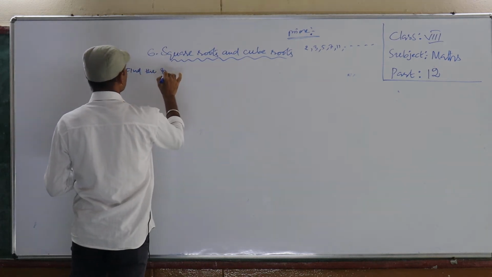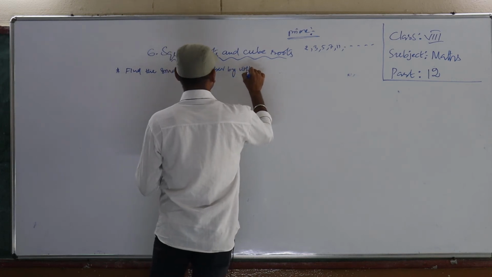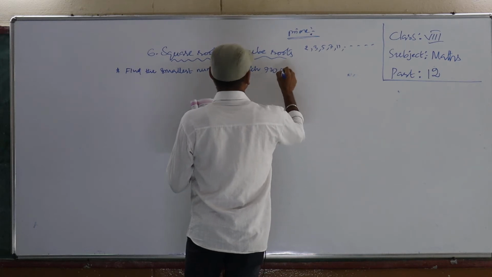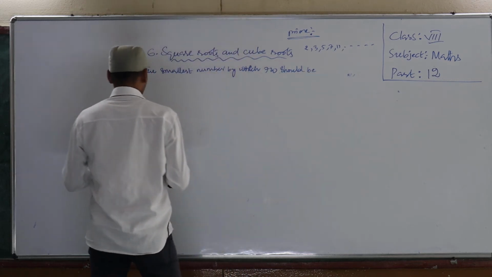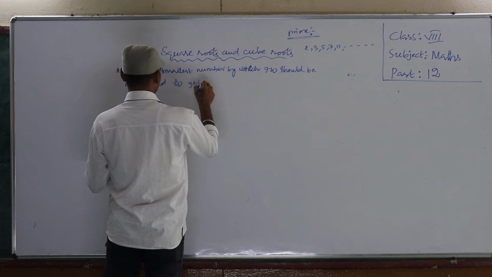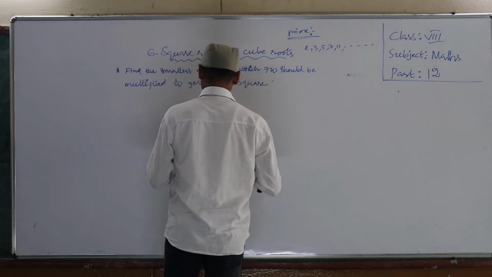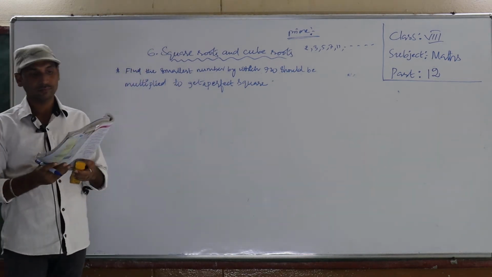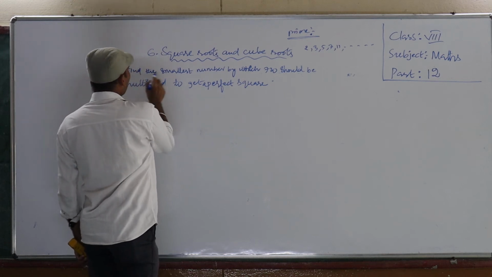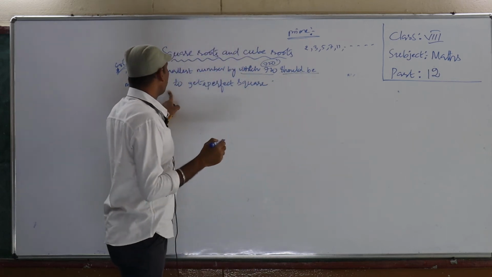Find the smallest number by which 720 should be multiplied to get a perfect square.